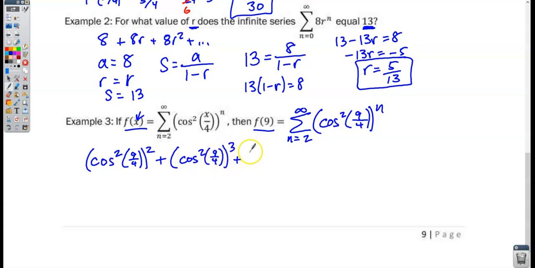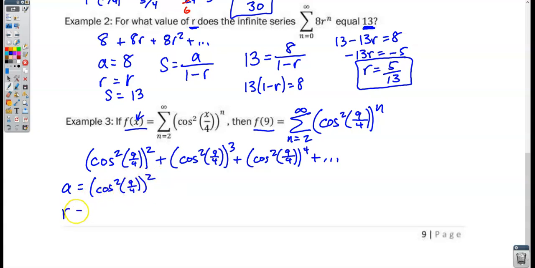We're cycling through those n values, cosine squared of 9/4 to the fourth, etc., etc. And so for this series, that tells us that a is equal to the first term, cosine squared of 9/4, quantity squared, and r is the common ratio that we're multiplying to get from one term to the next. And that's going to be cosine squared of 9/4.